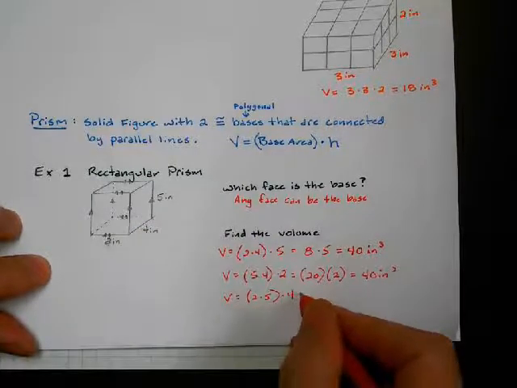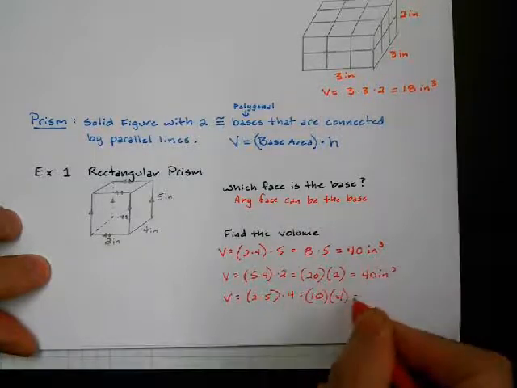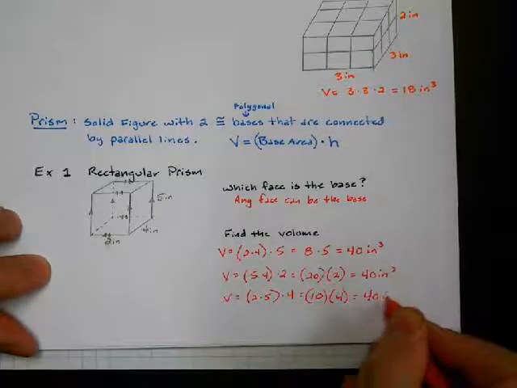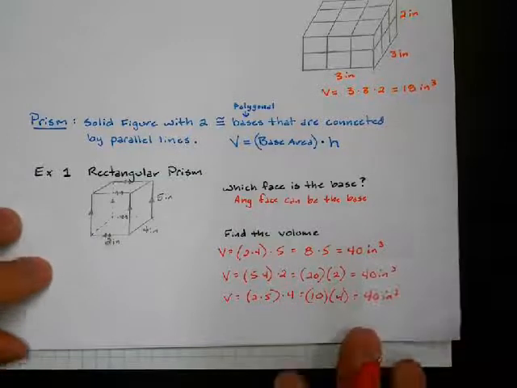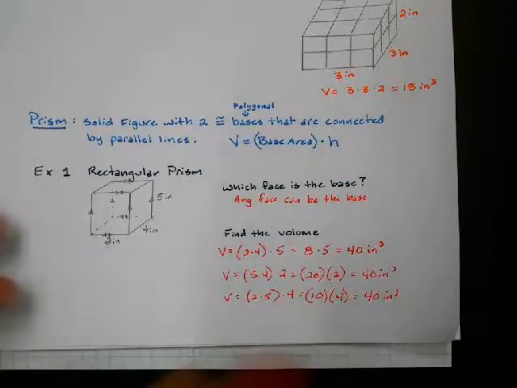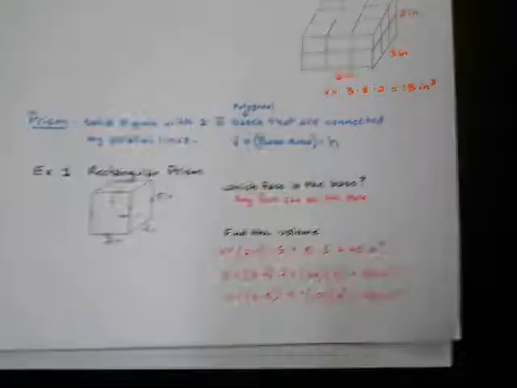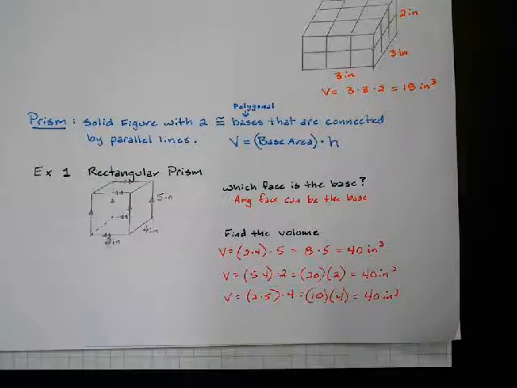And so we'd get 10 times 4, which is still 40 inches cubed. And you can see what's happening here. I'm just switching all these numbers around. So in a rectangular prism, the base, the width, and the height don't mean as much, because they're kind of interchangeable. All right, let's look at the next problem.